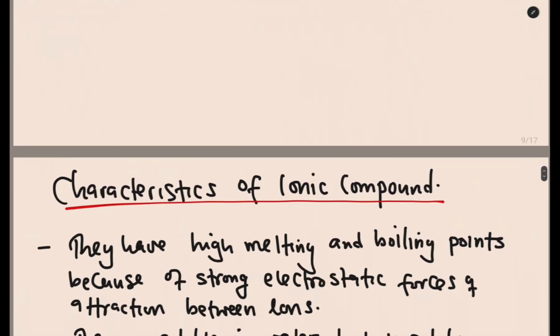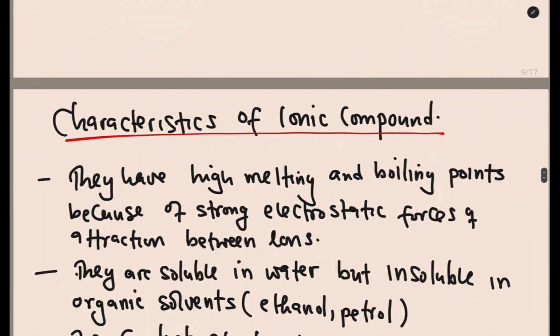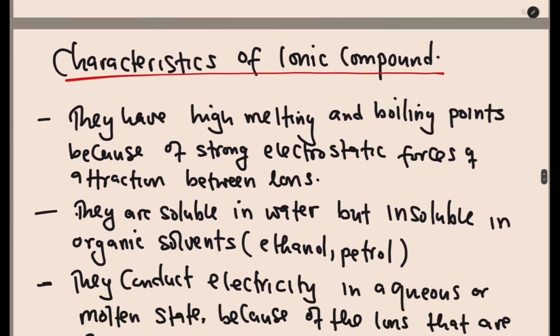Okay, let us look at now the characteristics of ionic compounds. What are the characteristics of ionic compounds? So one of the characteristics of ionic compounds is that they have high melting and boiling points. And these are the questions that you might find. So state characteristics, or some of these are characteristics of ionic compounds.